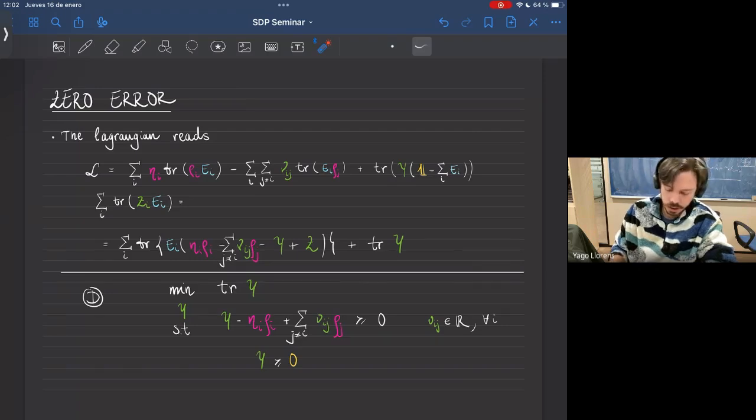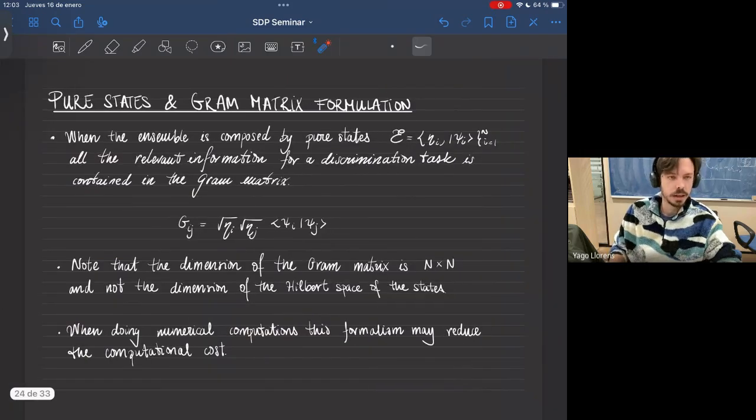Our approach usually is only for pure states, but we can also get rid of this condition and make the solution easier.